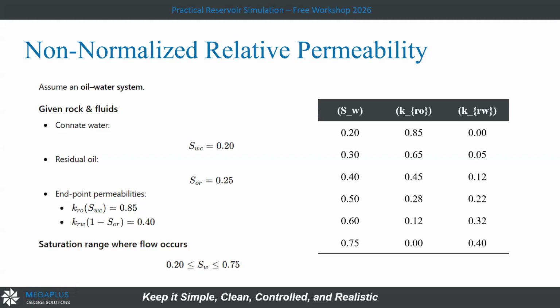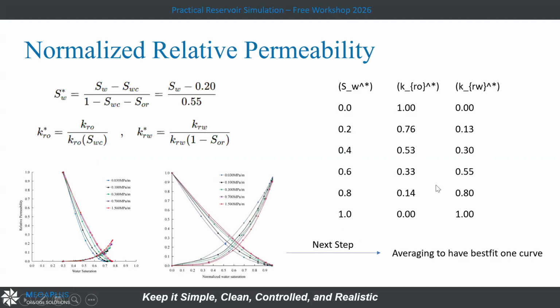So I have these normal relative permeability curves at the right side. After I make one average, I will stretch it to get the fluid flow behavior depending on this equation.